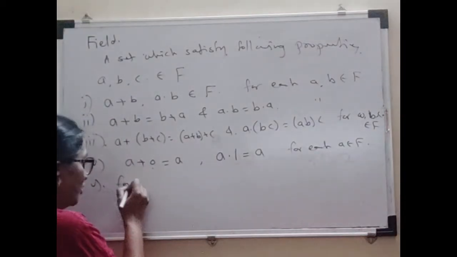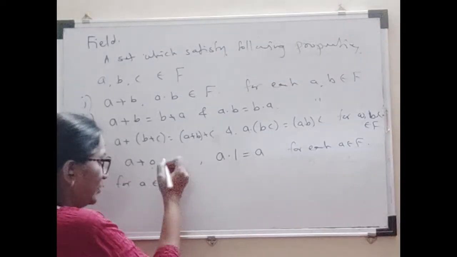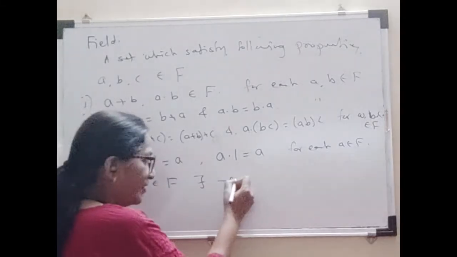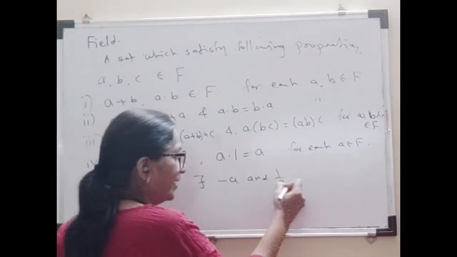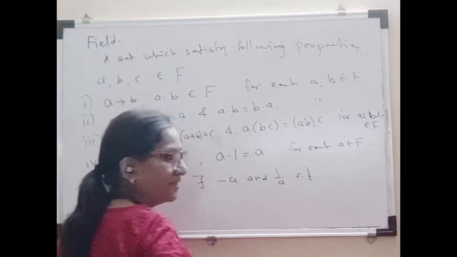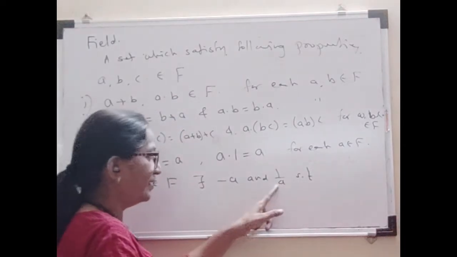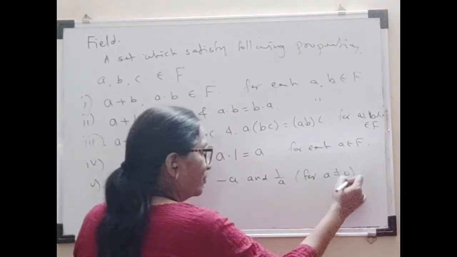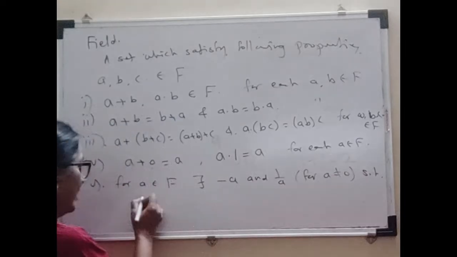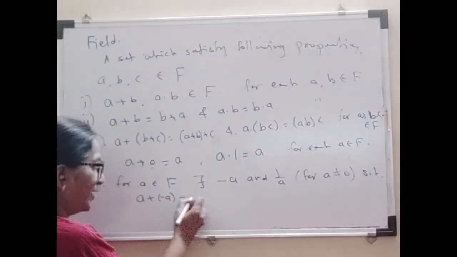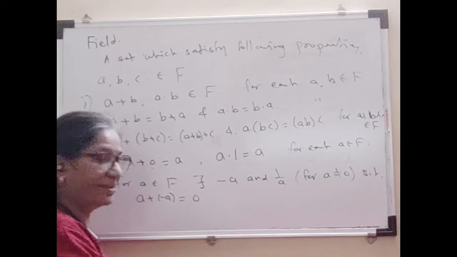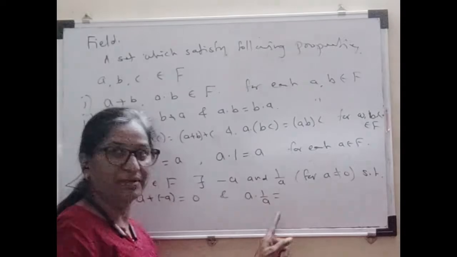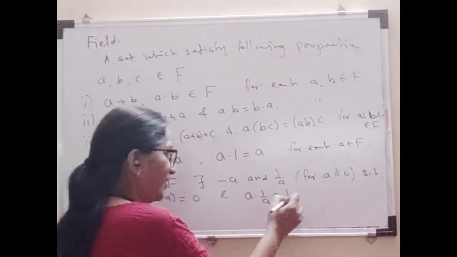So for each a belonging to the field F, there exist minus a and 1 upon a, for a not equal to 0, such that a plus minus a is equal to the additive identity, and a into 1 upon a is equal to the multiplicative identity, that is 1.